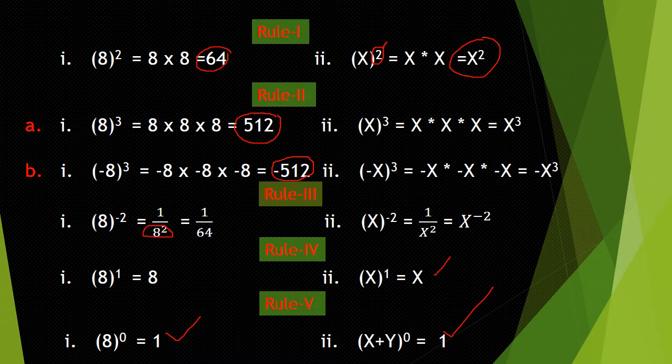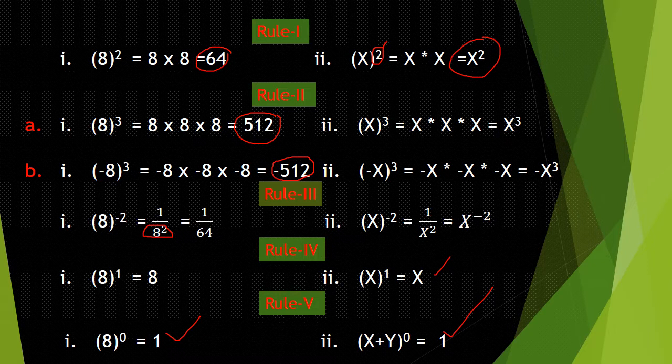I have already explained these rules to you, but here I have given some examples. 8 with a positive and even power will always give a positive number. Similarly, x with an even and positive exponent will always give a positive expression.